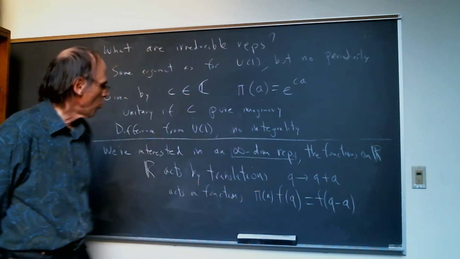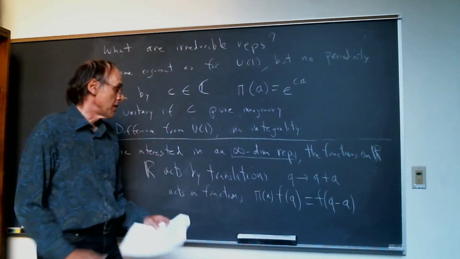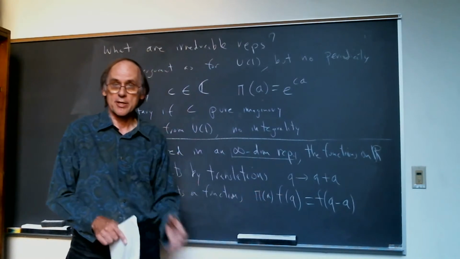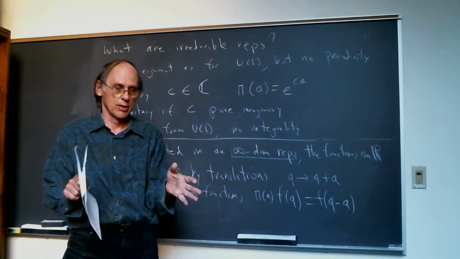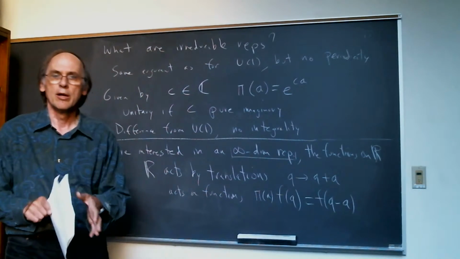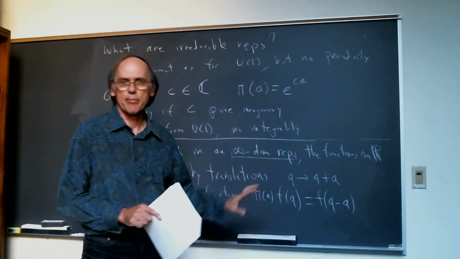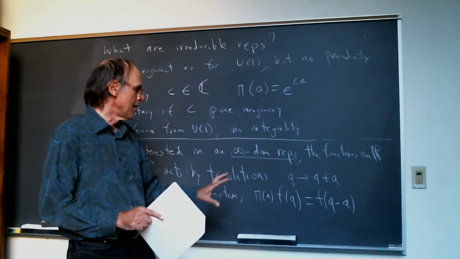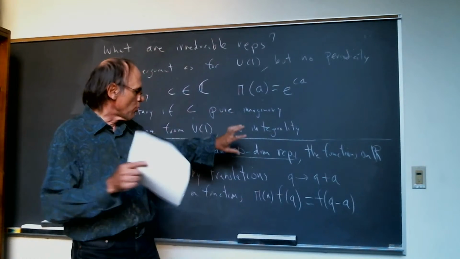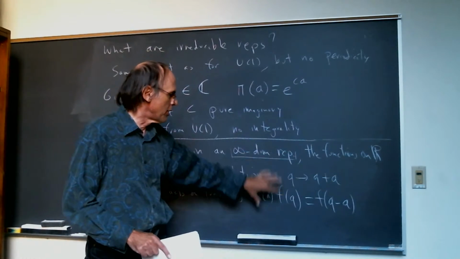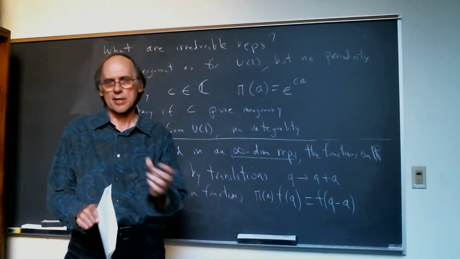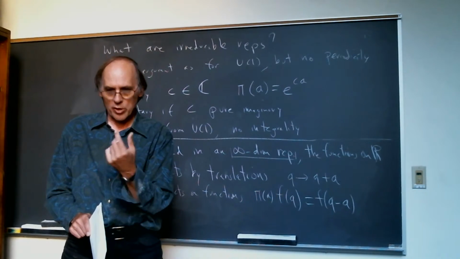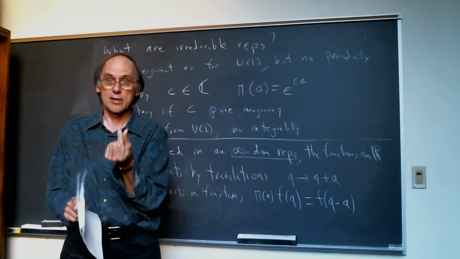We'll get to them in a second, but yeah, there are one-dimensional representations, and those are actually going to be your eigenstates with a well-defined momentum. But what's really non-trivial about this whole subject is not the one-dimensional representations, which are just like the U1 case.